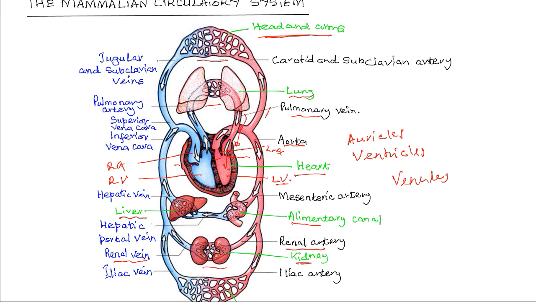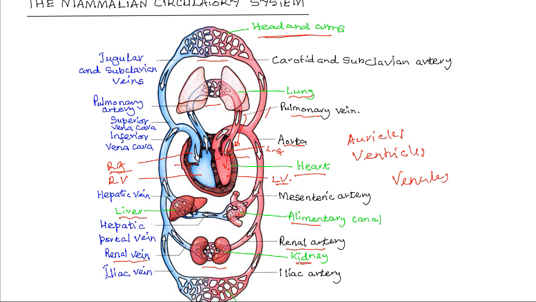The veins return blood to the right auricle. So from different parts of the body, all the veins return their blood to the right auricle part of the heart.